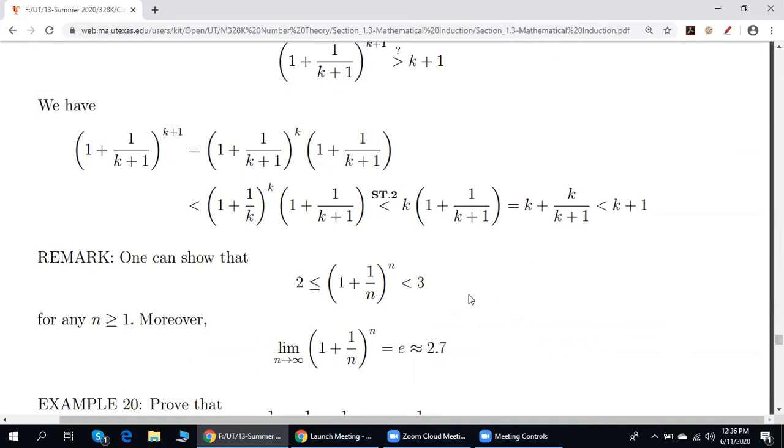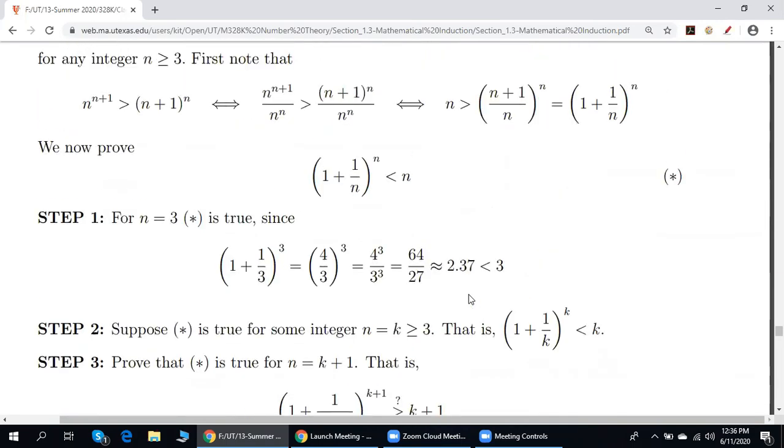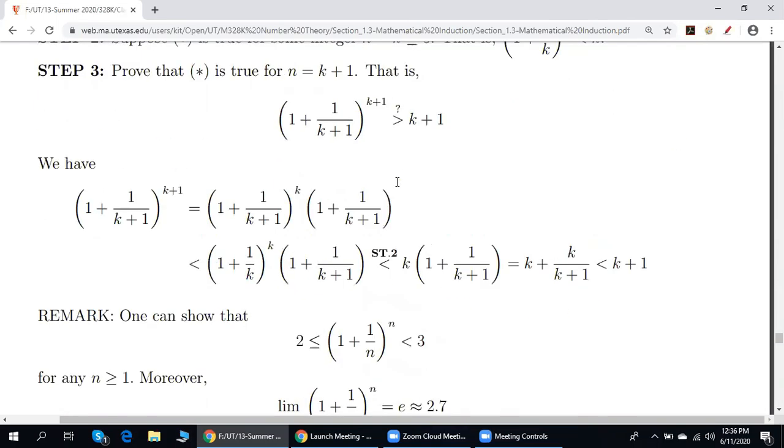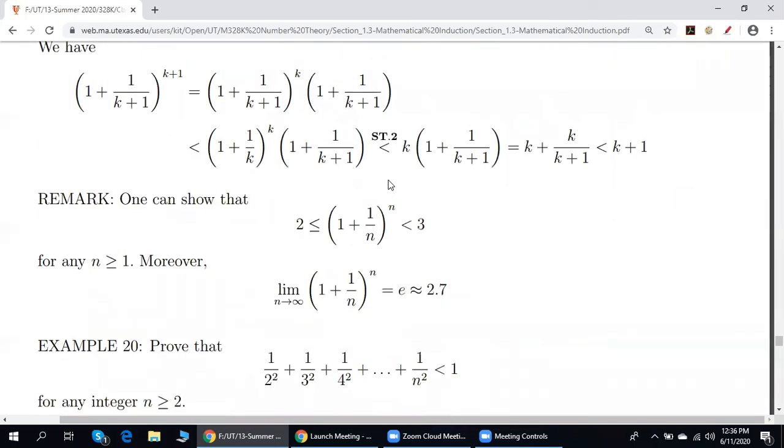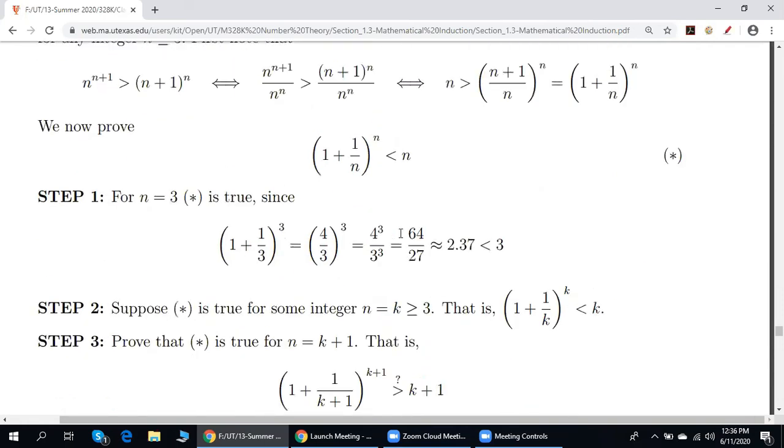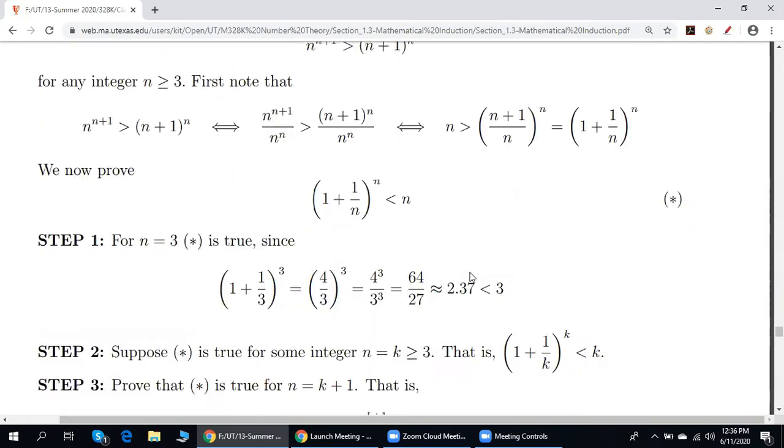One can show that even a stronger inequality is true. Over here, we prove that 1 plus 1 over n to the nth power is lesser than n, but even a stronger inequality is true. 1 plus 1 over n to the nth power is lesser than actually 3. But it is significantly harder to prove this than this.